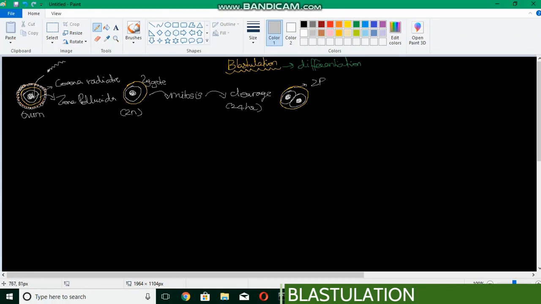So there's not going to be any increase in cell size. Now this mitosis is going to carry on, and the cell keeps dividing and dividing, all the while remaining within the zona pellucida. It's going to reach the 4-cell stage, and the 8-cell stage with no increase in cell size, because everything is taking place inside the zona pellucida.